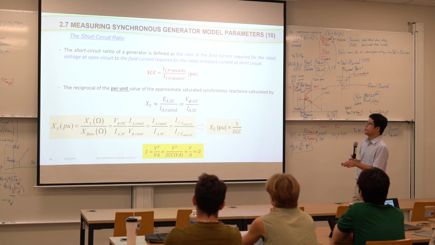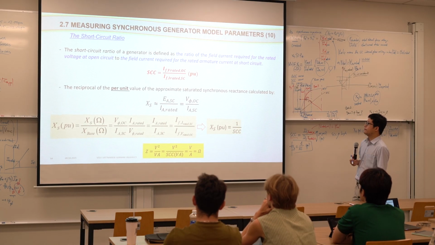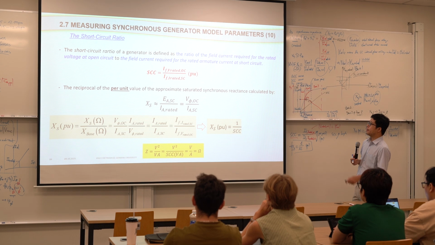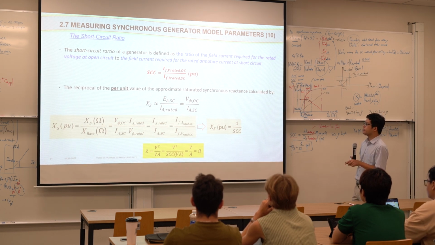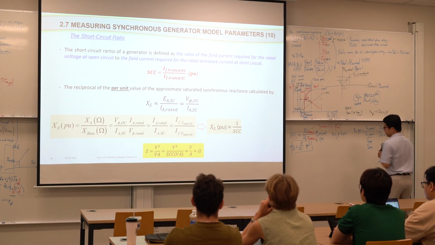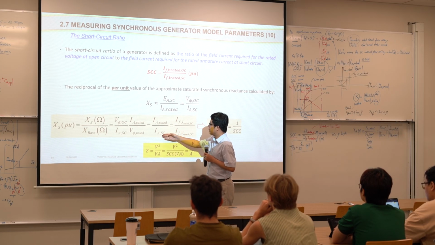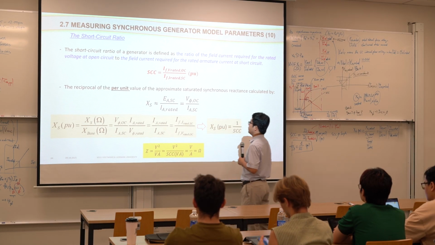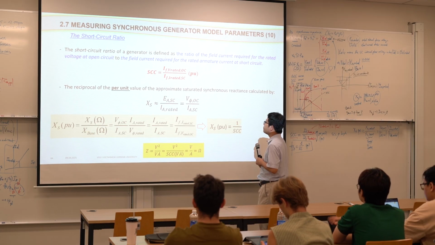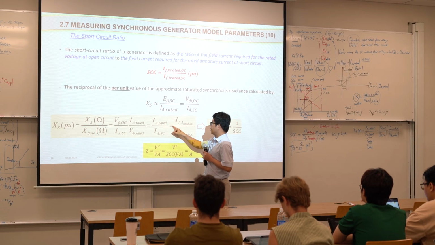This one and this one are equal, because for the open circuit test, this one is equal. So we delete this one, you can get IA rated over IA short circuit. IA rated is not equal, this is proportional.